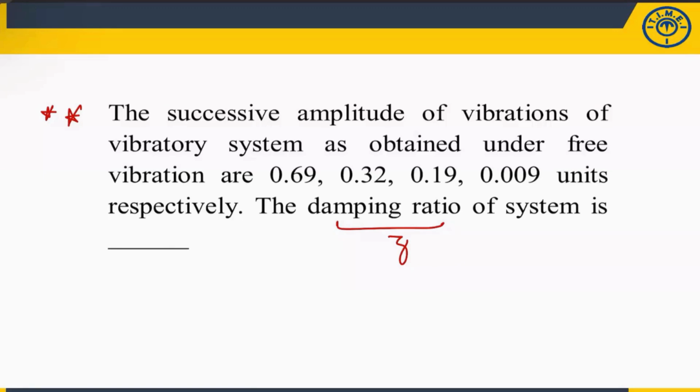For example, x naught you can consider 0.69, x1, x2, x3, x4. But you know what the relation is. Zeta value you have to calculate. What is the logarithmic decrement? ln of x naught by x1, equal to 2 pi zeta by square root of 1 minus zeta square. Do it fast.